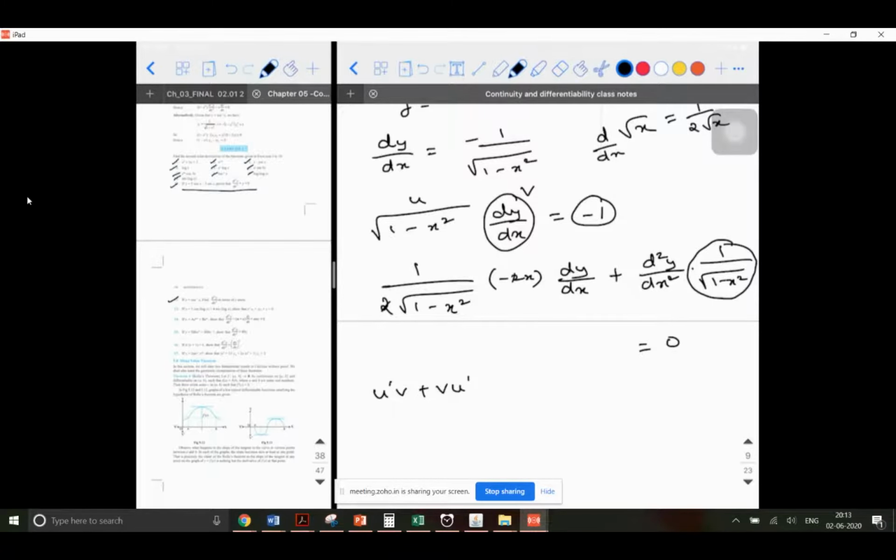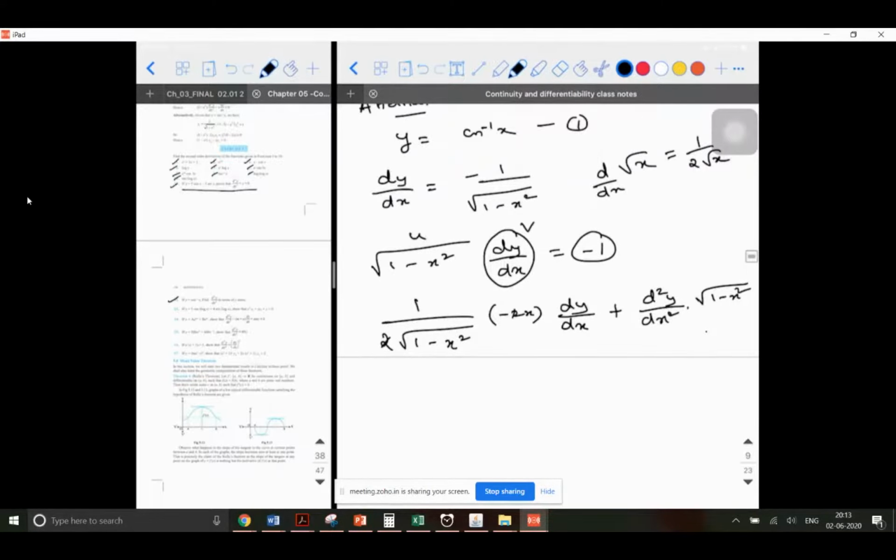Sorry, u v dash. So u should be root of 1 minus x square, but I have left it here. Oh, I'm sorry. Yeah, thank you. So root of 1 minus x square, this is equal to 0.